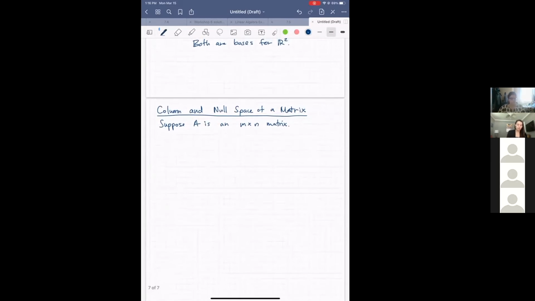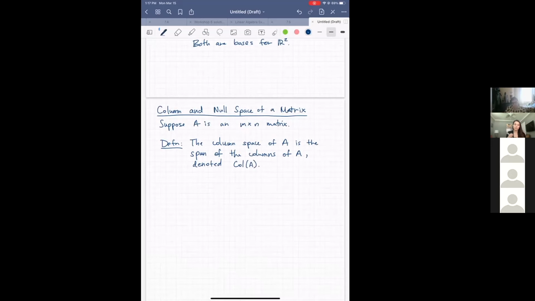Then we're going to define two things. So the column space of a matrix is just the span of its columns. So it's kind of what it sounds like, right? The column space of A is going to be the span of the columns of A. And the notation that we use, this is denoted Col(A), C-O-L of A, like that.